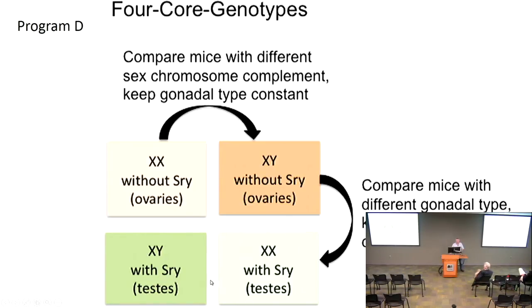And likewise, you can get animals that have XX chromosomes, but also have testes, because they've got an extra gene going along that will cause the gonad to develop as testes. And so you can compare, they call them the 4 core genotypes: XX females, XX males, XY females, XY males. And they tell you how you can compare those animals and look for an effect of sex chromosomes directly.